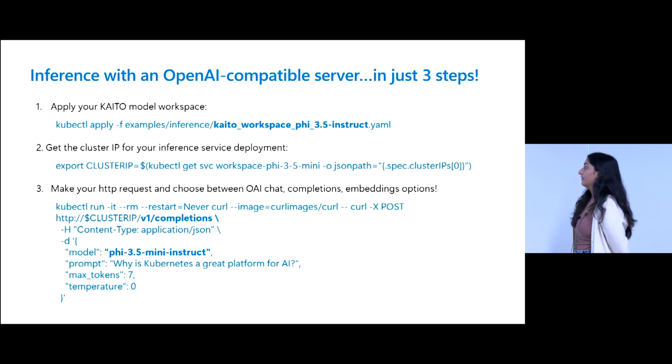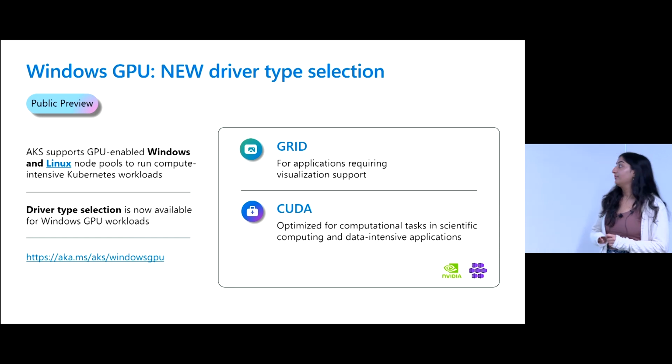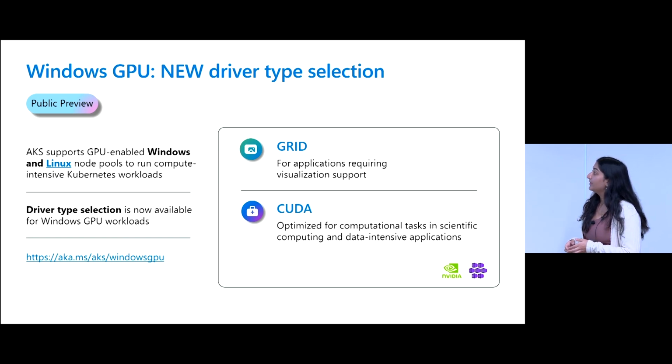So in order to support AI workloads in general from a more foundational level, we also are expanding support for different GPUs, using it for different contexts. So let's say that you're mainly running on Windows OS. Now in public preview, we have new driver type selection for Windows GPU.